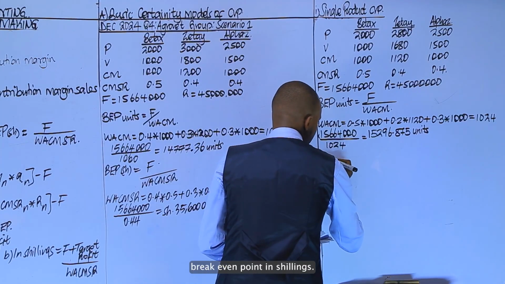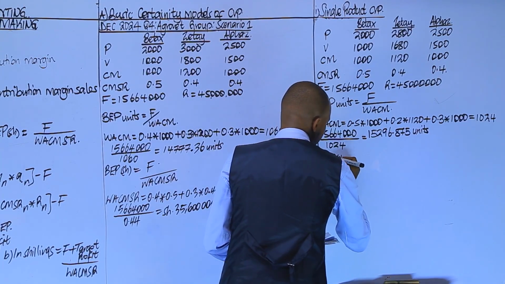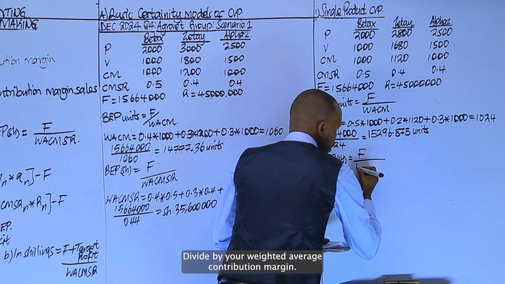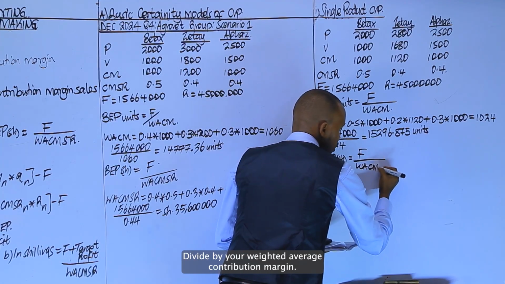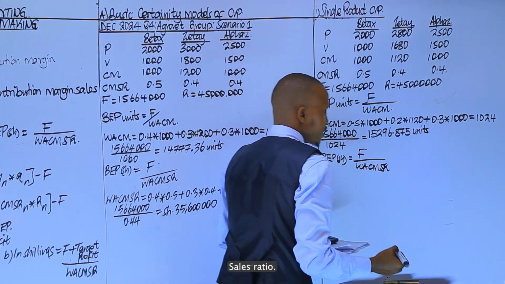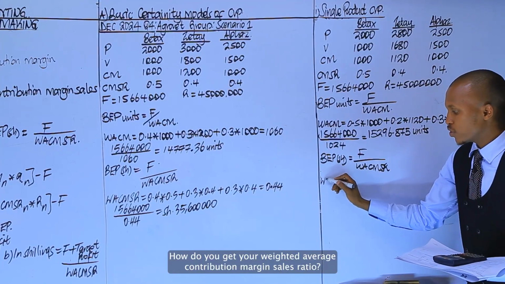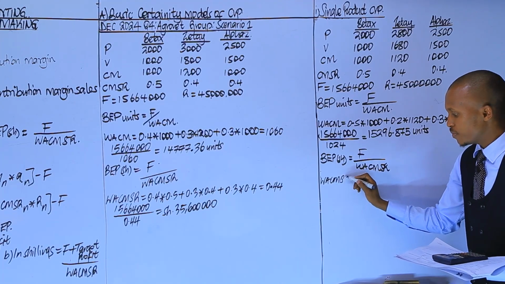Break-even point in shillings. It is your fixed cost divided by your weighted average contribution margin sales ratio. How do you get it?